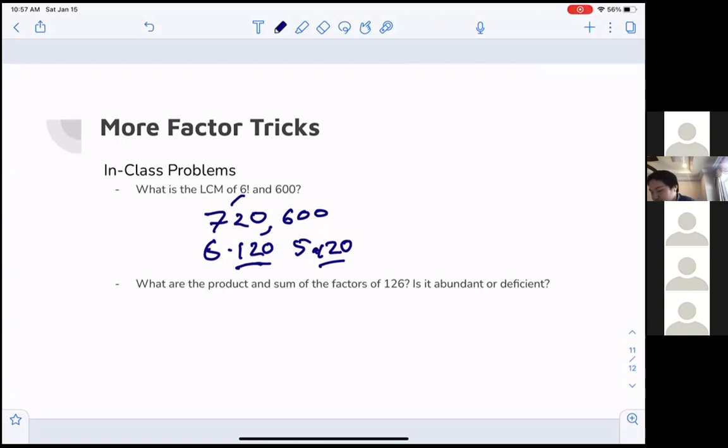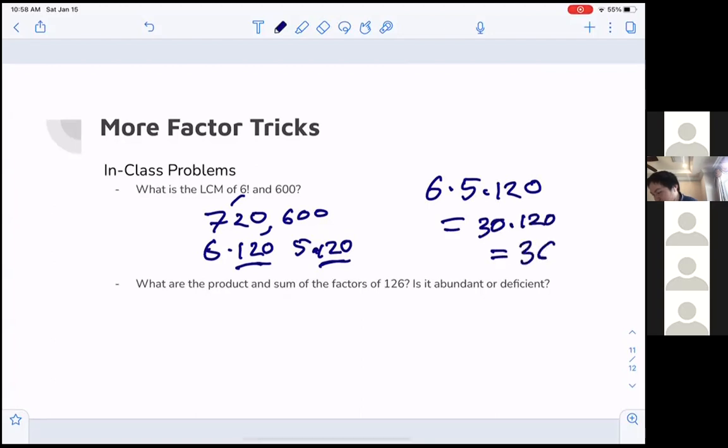Knowing this, the LCM would be 6 times 5 times 120, since 120 divides both of them and we don't want to double count this GCF. So it's 30 times 120, which is 3600.